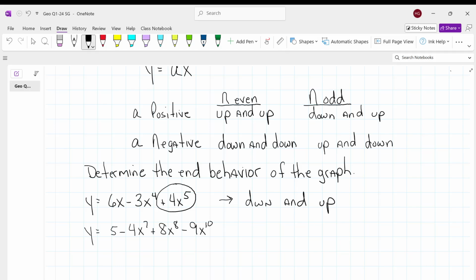Our highest power is this negative 9x to the 10th. In this term, our a is negative. Our n is even. So when our a is negative and our n is even, the end behavior is down and down.